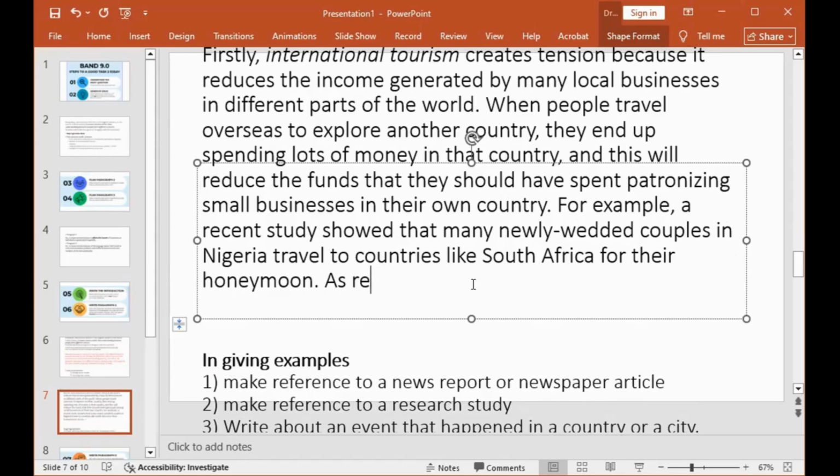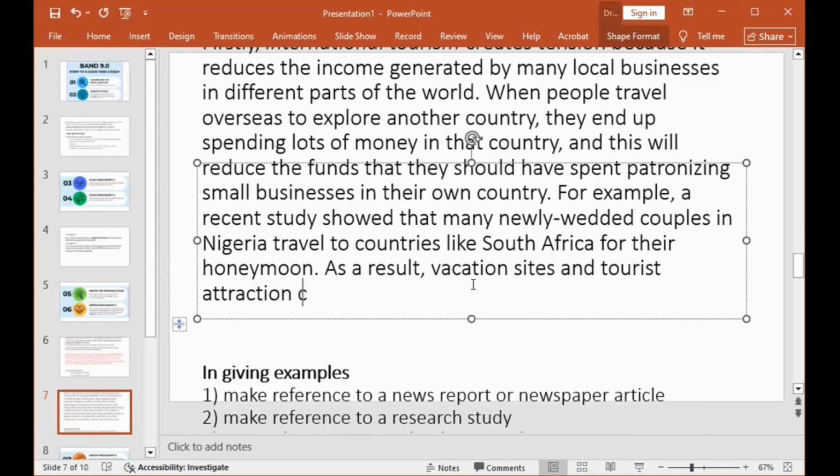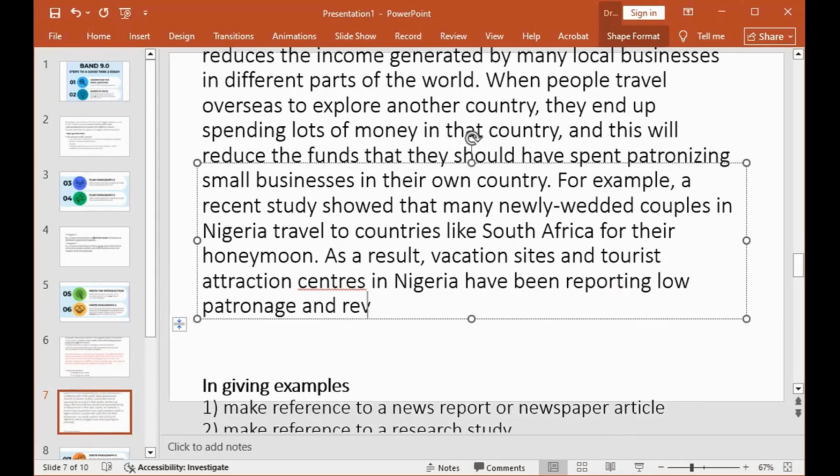As a result, vacation sites and tourist attraction centers in Nigeria have been reporting what? Low patronage and revenue, thank you.